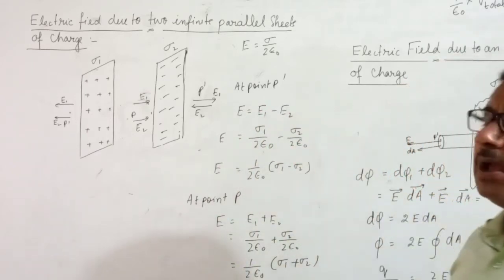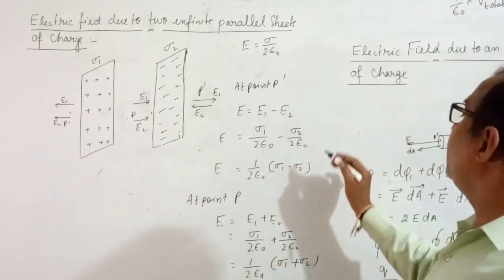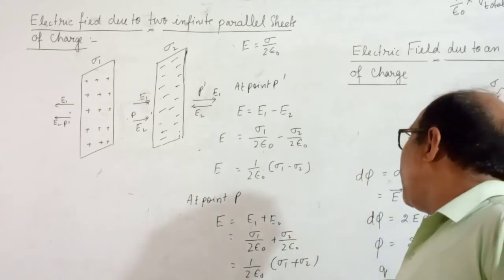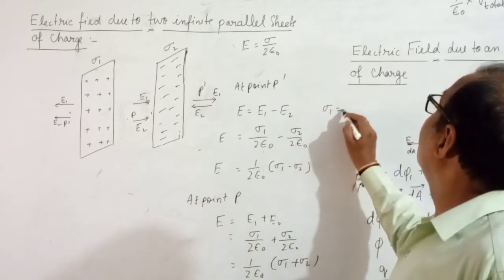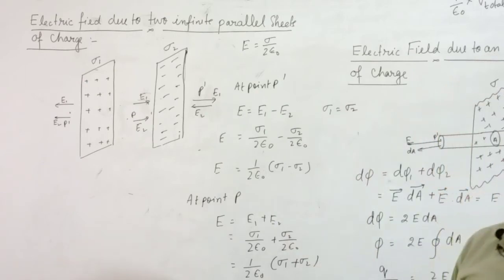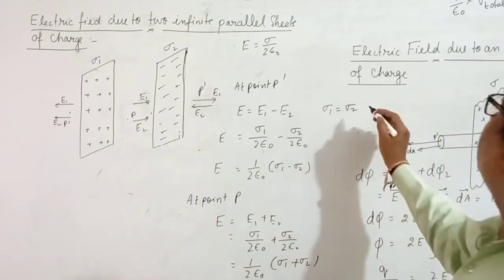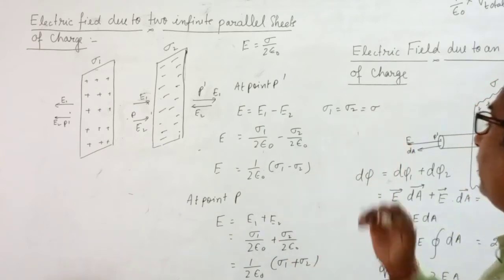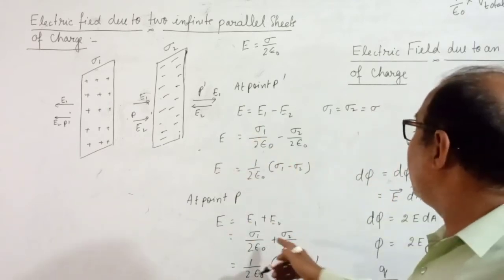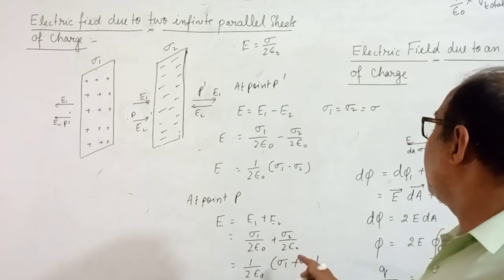Same derivation. Now suppose that under some condition sigma 1 becomes equal to sigma 2. Sigma 1 and sigma 2 become equal to each other, that is equal to sigma. Then what will happen? At point P, sigma 1 and sigma 2 are equal.